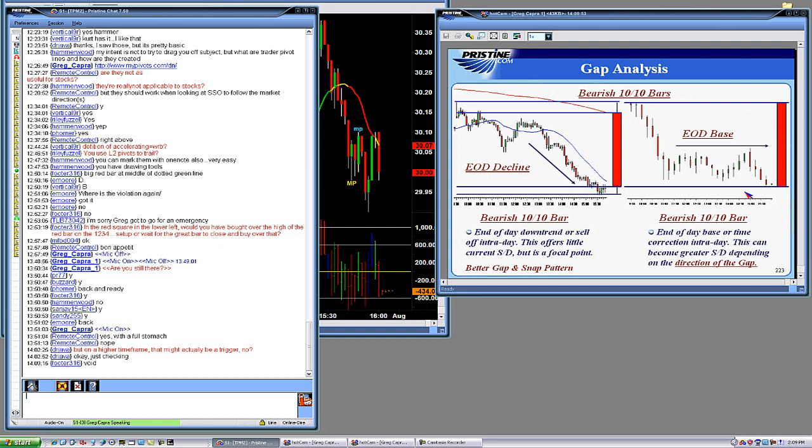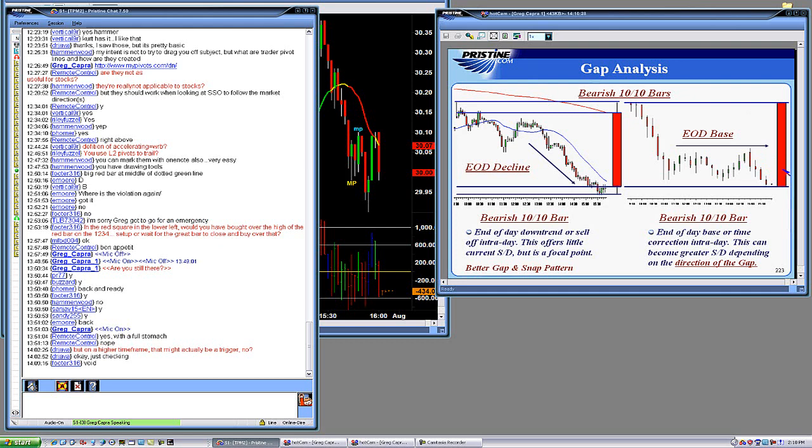But the intraday patterns have to be taken into consideration, even for your guerrilla strategies, as to the odds of those following through. Okay? If you had a gap up and prices gapped up above the high of this consolidation, well, that would provide support in theory, based on the concept of support and resistance and prices moving up above the top of this base or gapping up to the top of this base.